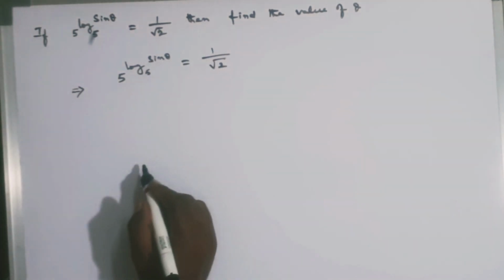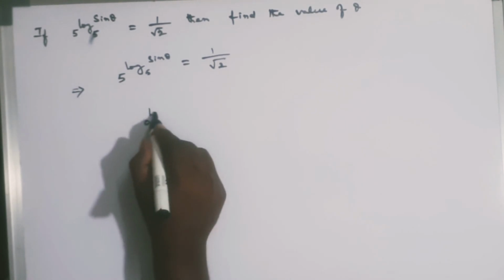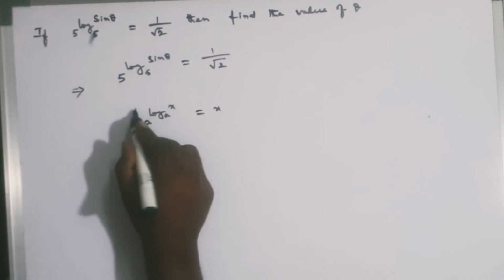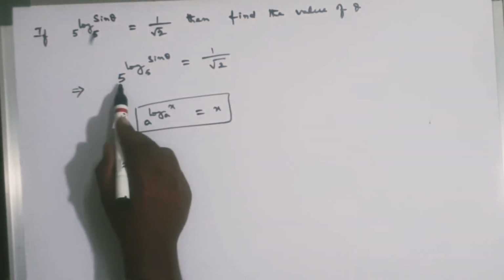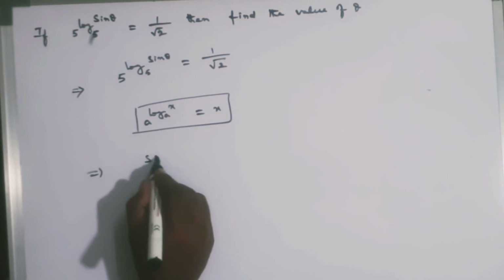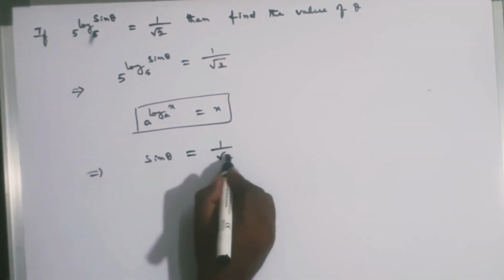Then find the value of theta. What is the formula? A to the power of log base a to x equals x. I will write pi to the power of log base pi to sin theta as sin theta itself, which equals 1 by root 2.